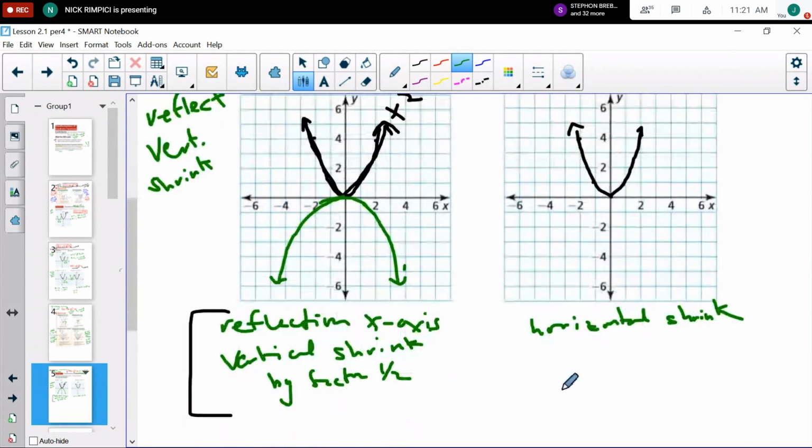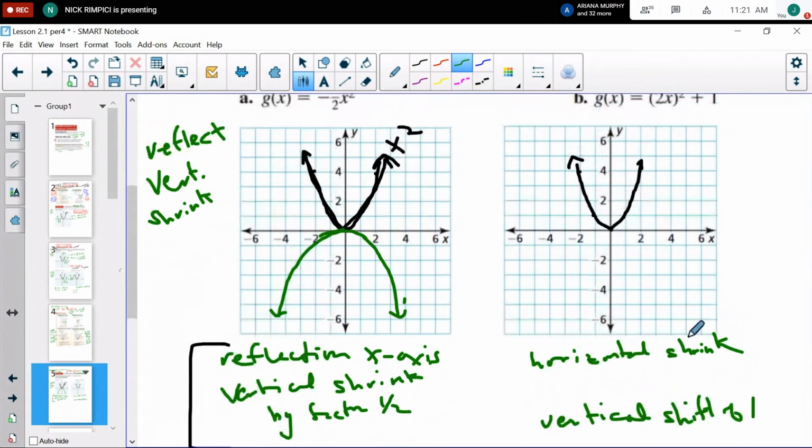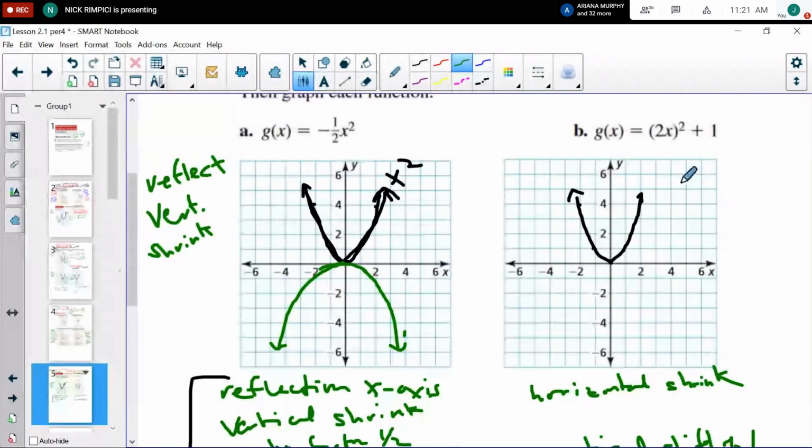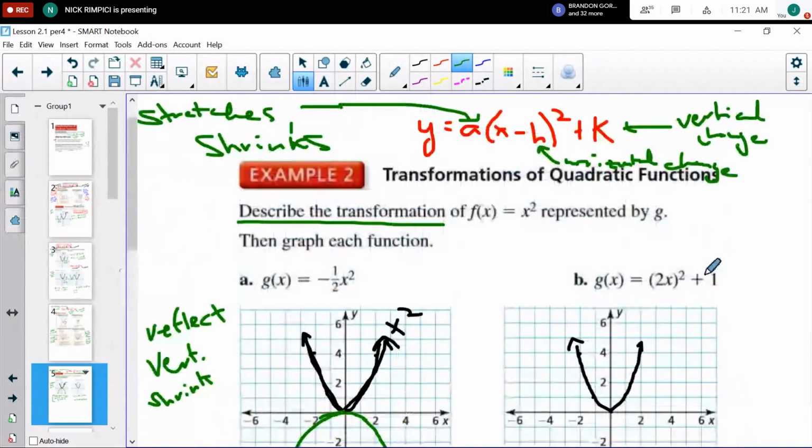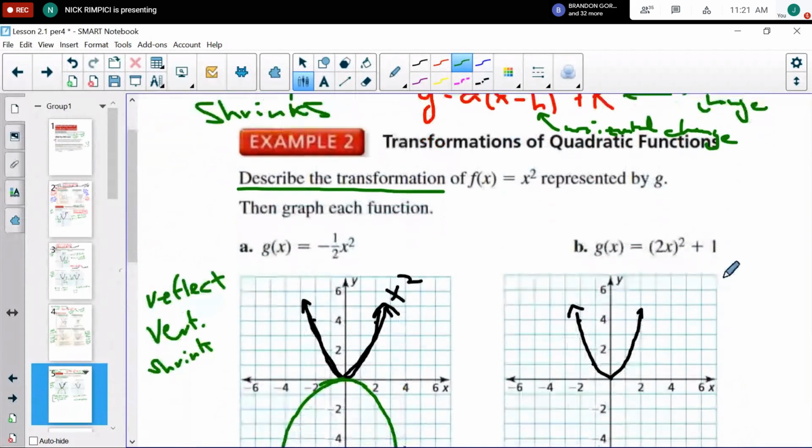A vertical shift. Okay, so let's see if he's right. I have a horizontal shrink, and then it's shifted vertically by 1 unit. So is this going to be a horizontal shrink and pushed up 1 unit? Let's take a look.